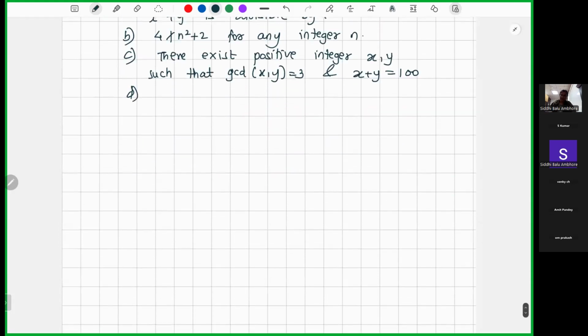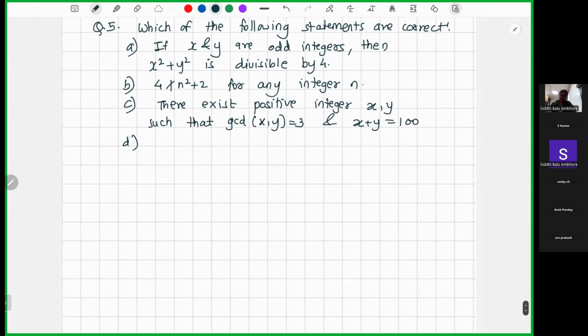Please see whether you find any counterexamples or any proof for this statement. The last statement is that if n is odd, then n square minus 1 is divisible by 8. These are the statements which we have.